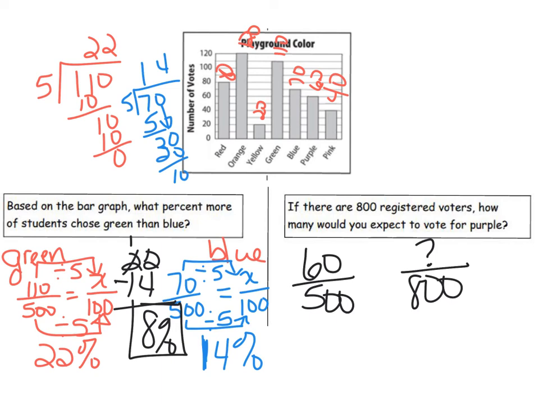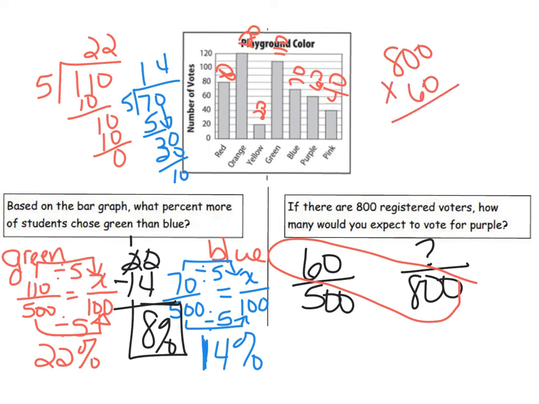So can I find a scale factor here? No. So I could do what? Cross products. So we're going to multiply 800 times 60. So we have 1, 2, 3 zeros, and 6 times 8 is 48. So now we're going to do what with it?